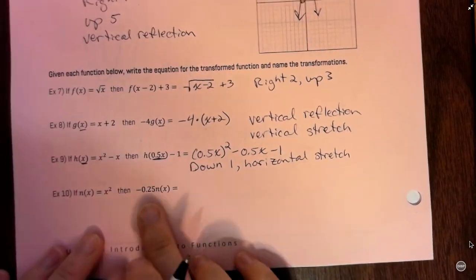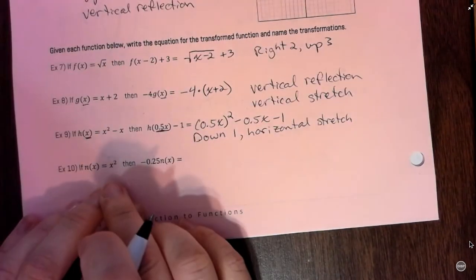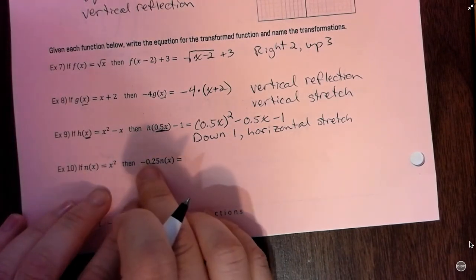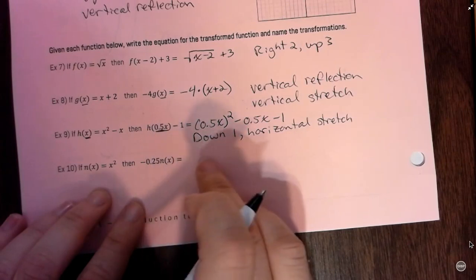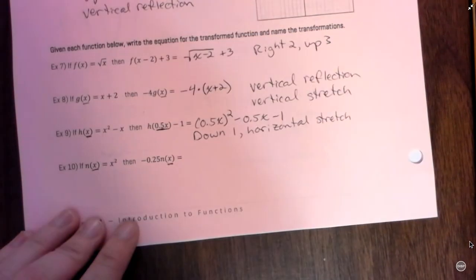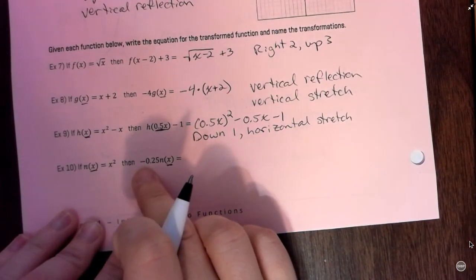Speaking of which, look at number 10. If n of x equals x squared, then negative 0.25 n of x equals. So again, we're not messing with x. We're just taking the whole function and multiplying it by negative 1/4.